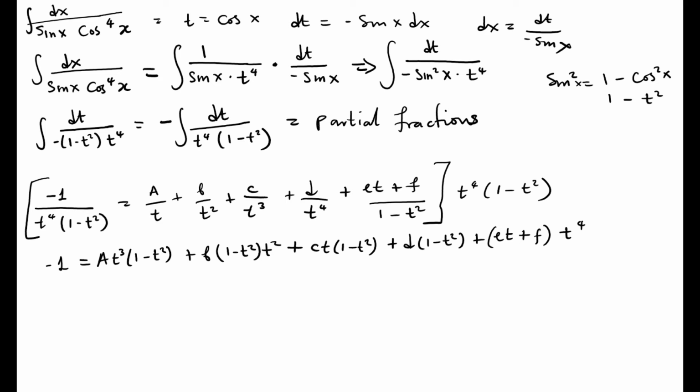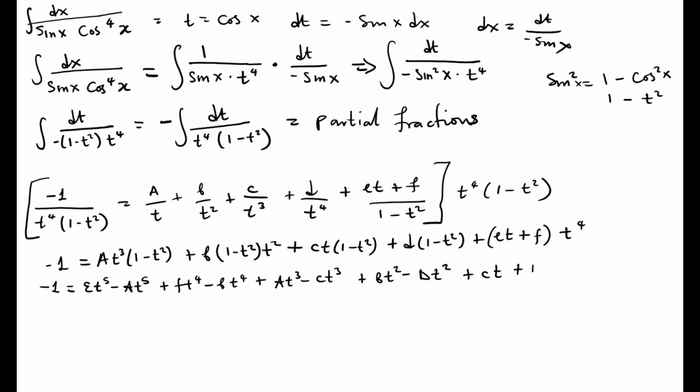So when we arrange this one, we shall have negative 1 is equal to e t to the power 5 minus a t to the power 5 plus f t to the power 4 minus b t to the power 4 plus a t to the power 3 minus c t to the power 3 plus b t squared minus d t squared plus c t plus d.